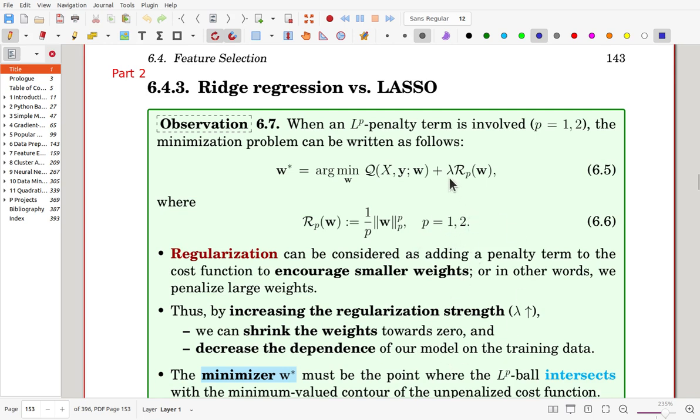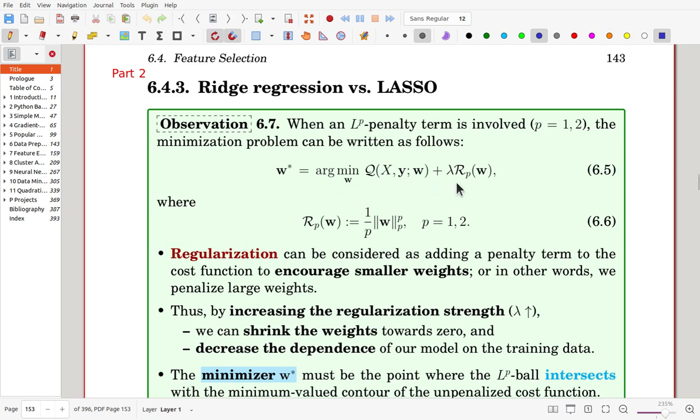Once lambda is large, the optimization process will focus on the weight itself, so that in minimization, once W is smaller, the minimization can be achieved.